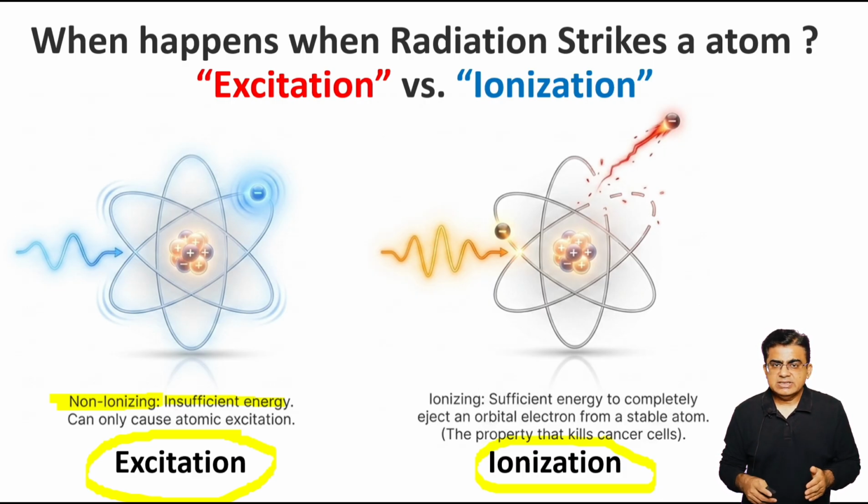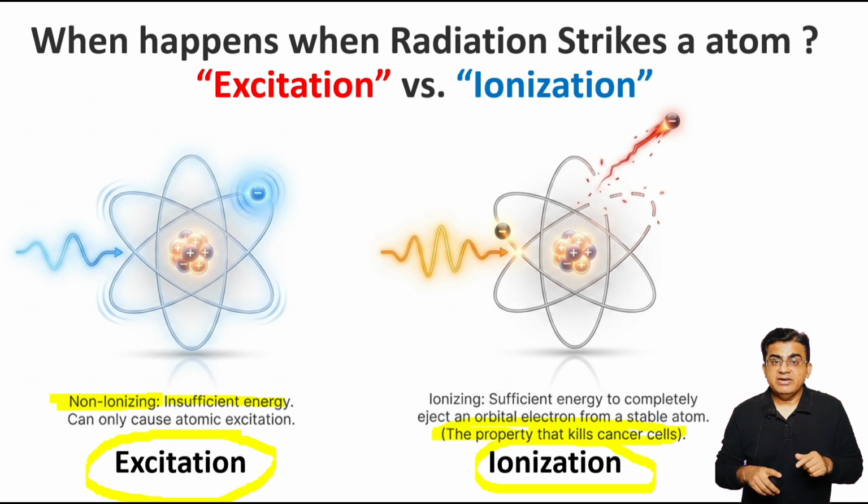When this electron is ripped away from its atom, the atom becomes a highly reactive ion. It is called an ion. The chemical balance is disrupted now. Bonds break, and most importantly, this is the exact property that permanently damages DNA and kills cancer cells.